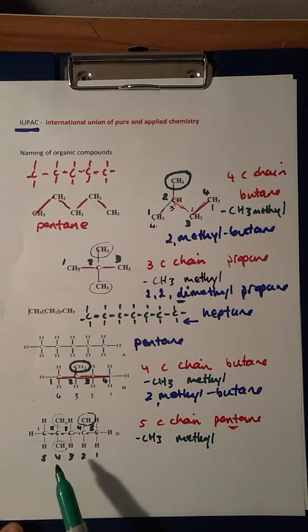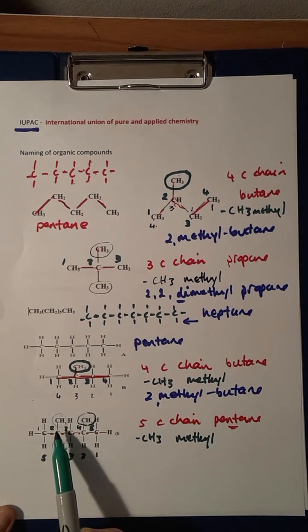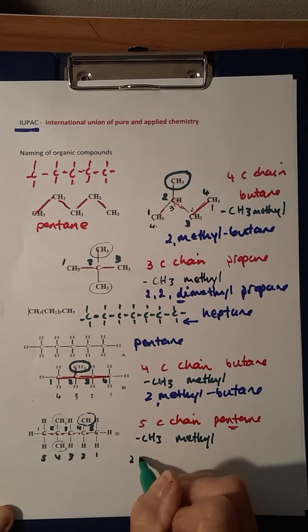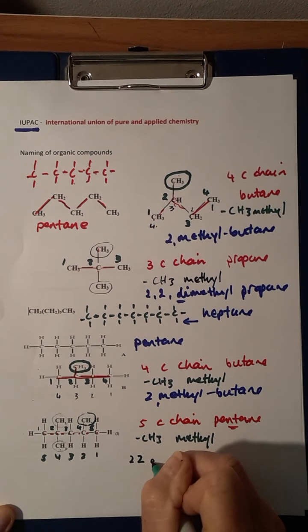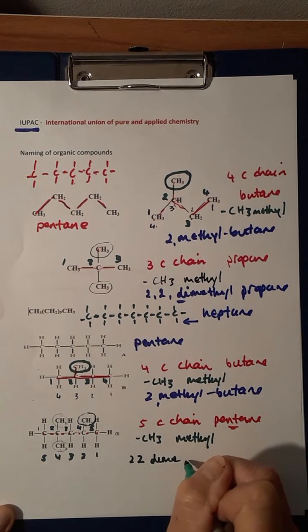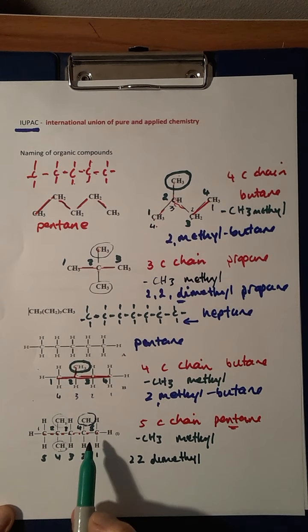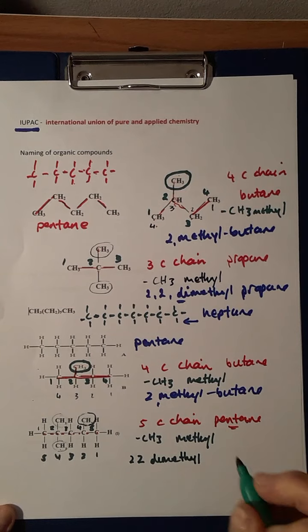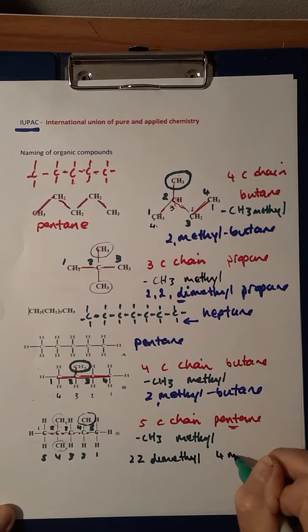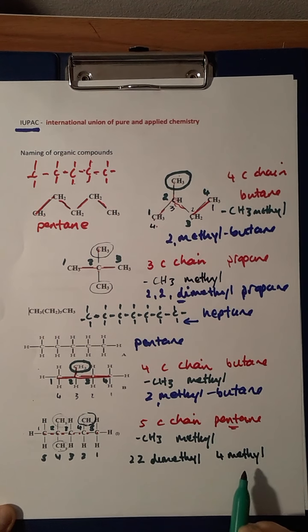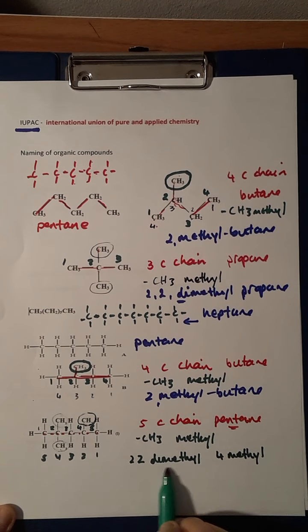On carbon number 2, I've got 2 methyl groups attached, so I'm going to say 2,2-dimethyl. And on carbon number 4, I've got another methyl group, so 4-methyl. That's too messy.